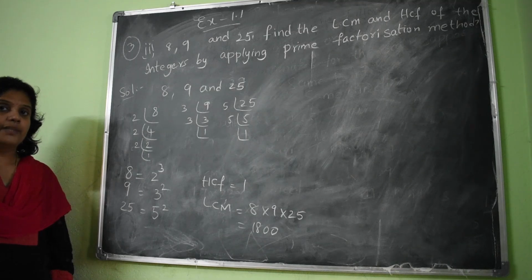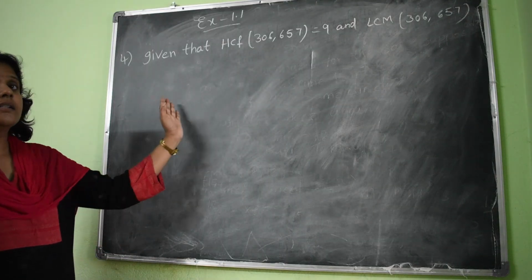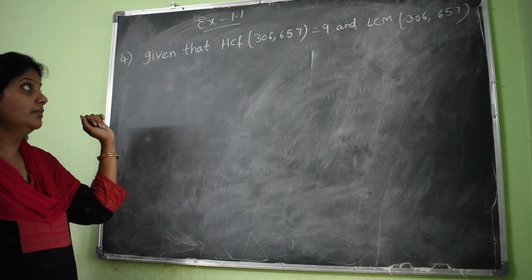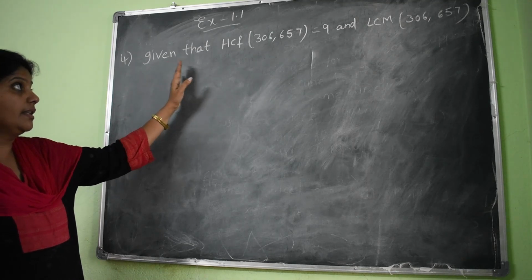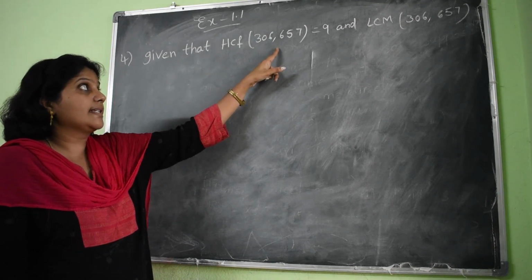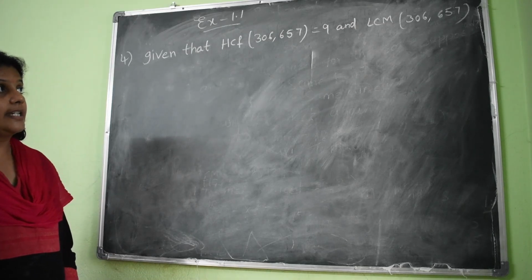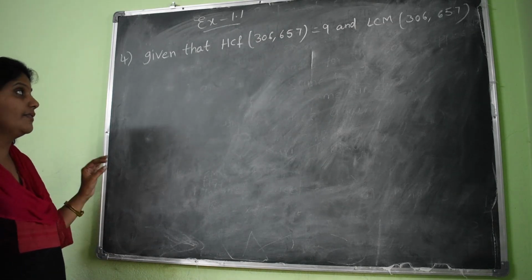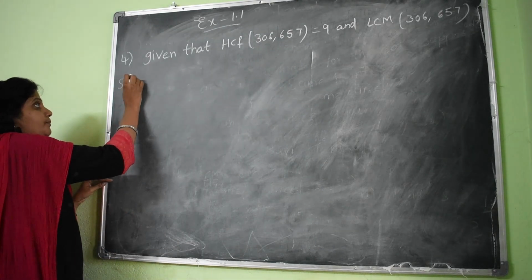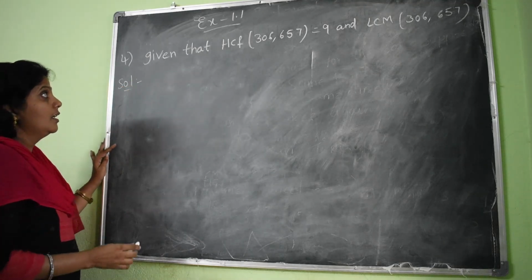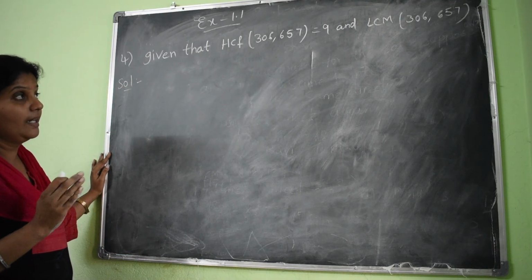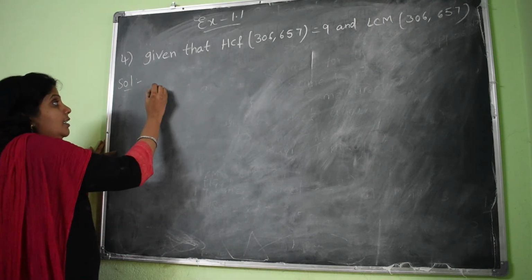Okay, understood? Today we are going to discuss exercise 1.1. So what is asked in this question? Given the HCF of 306, 657 is equal to 9 and we need to find LCM of 306, 657. So what is the formula or relation between LCM and HCF?